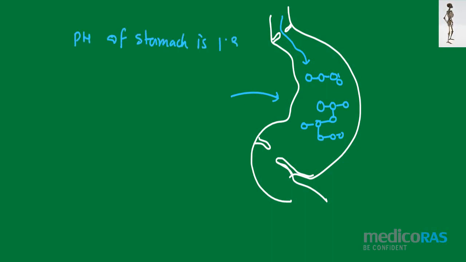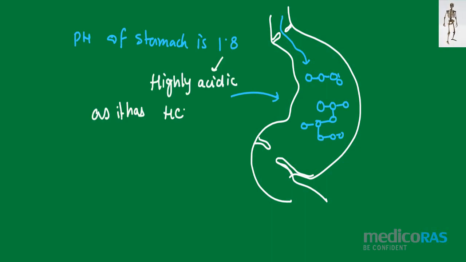Now let's see, down from the mouth, one J-shaped structure is present, and that J-shaped structure is nothing but the stomach. Here the undigested part of the starch molecule enters the stomach and is not digested because the pH of the stomach is 1.8, which is highly acidic in nature as it has HCl.